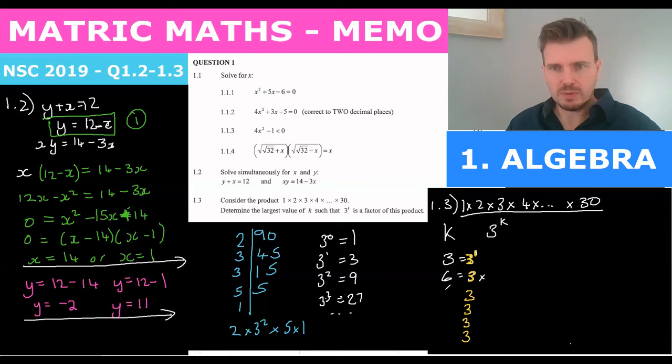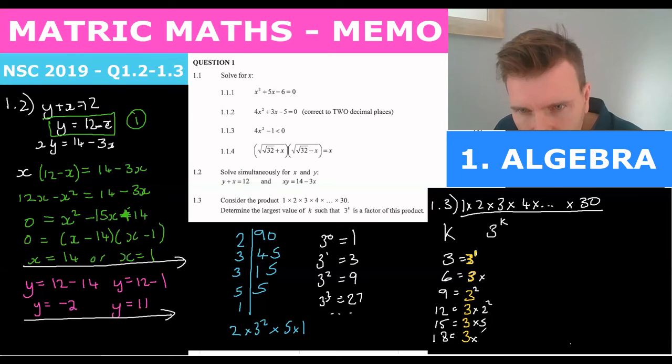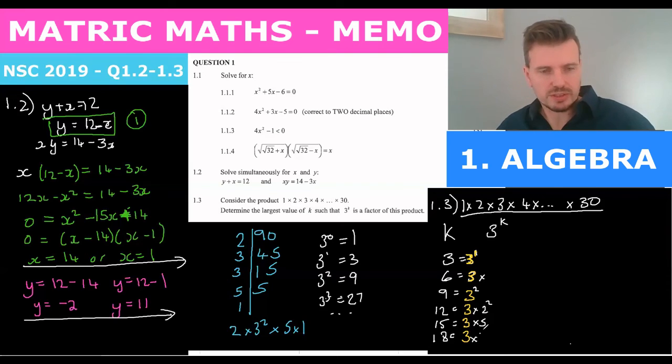Okay, the next one would be 9, which is 3 squared. The next one would be 12, which is 3 times 2 squared. And the next one would be 15, which is 3 times 5. 18 is equal to 3 squared times 2.